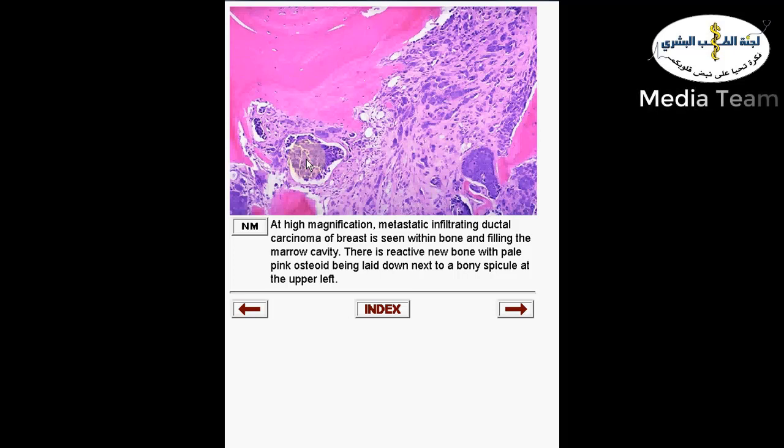If it's squamous, you see the keratin. Here you have just the same epithelial nests and ducts as in the breast, just present inside the bone, destroying the bone trabeculae. As we have said, breast usually causes osteolytic lesions.